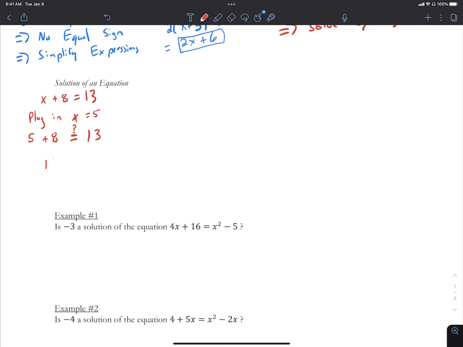So on the left-hand side we get 13, and on the right-hand side we get 13, which is a true statement. So I'll put a check mark here to show that that's true. So in other words, this is a solution.